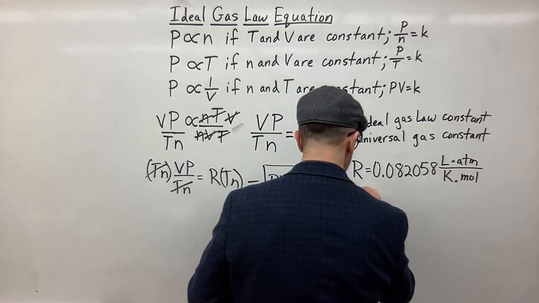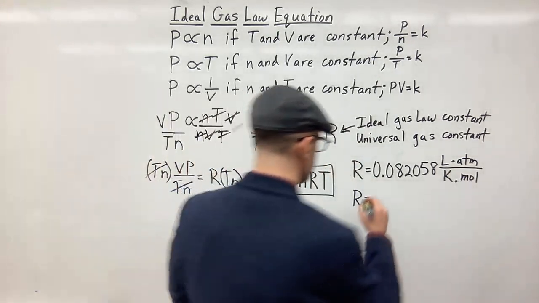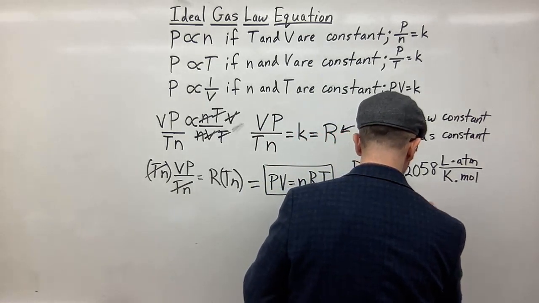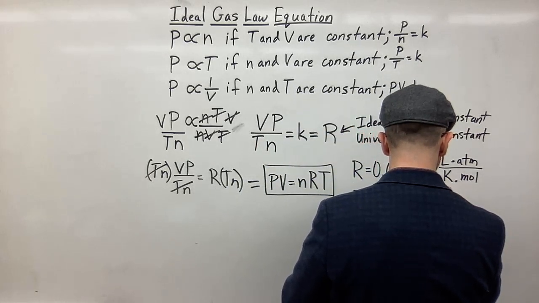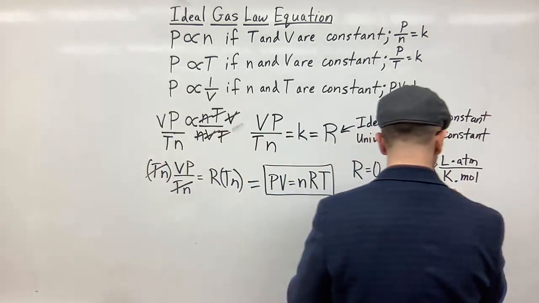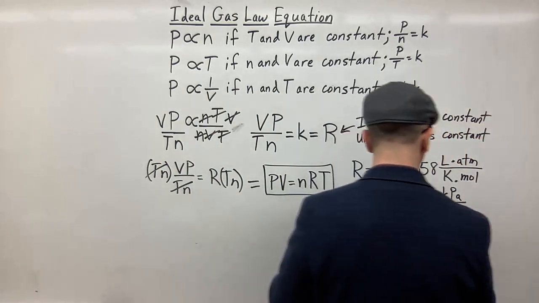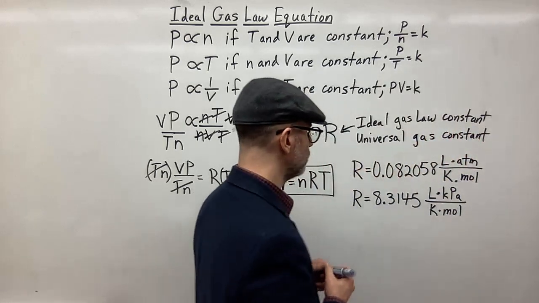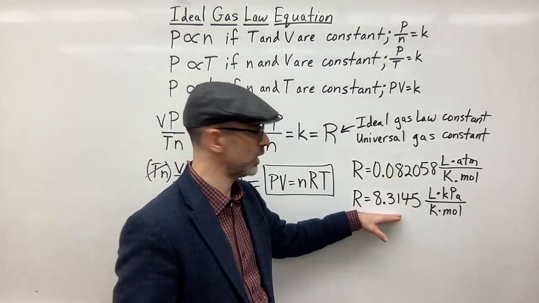Or the value could be R equals 8.3145, and here it would be liter kilopascals over, again, Kelvin mole.